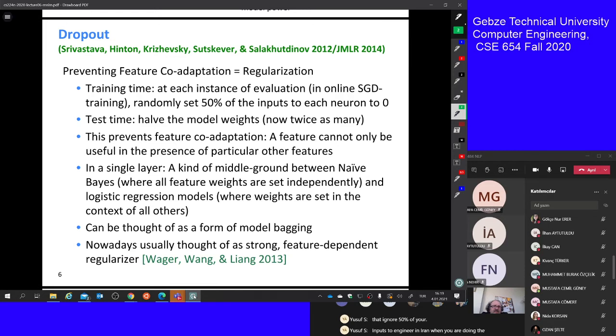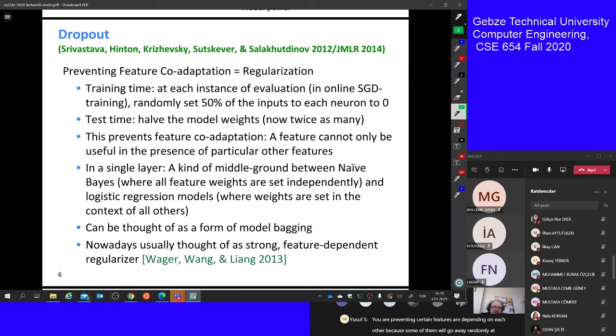Just randomly set 50% of the inputs of each neuron to 0 at each iteration. So you are not choosing the same 50%, but you are choosing a different 50%. By doing this, it's another regularization method. You are preventing certain features from depending on each other, because some of them will go away randomly at different iterations. And it works.